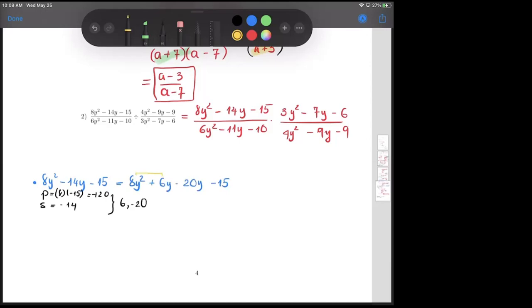Group the first 2 and group the last 2. I can factor out 2y from the first group, so 2y, what's left is 4y plus 3. And then I can factor out minus 5 from the second group, and what's left is 4y plus 3 again, right? So I have 4y plus 3 times 2y minus 5. Okay, let me write this down.